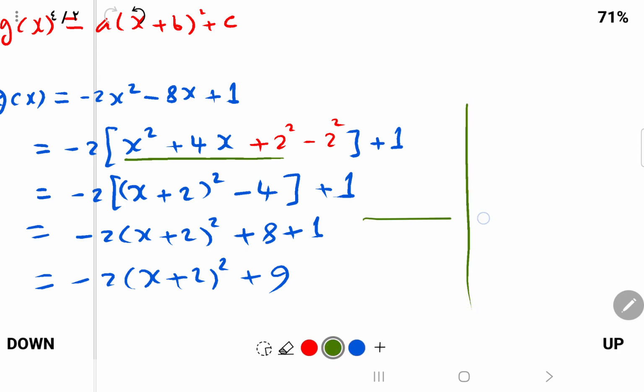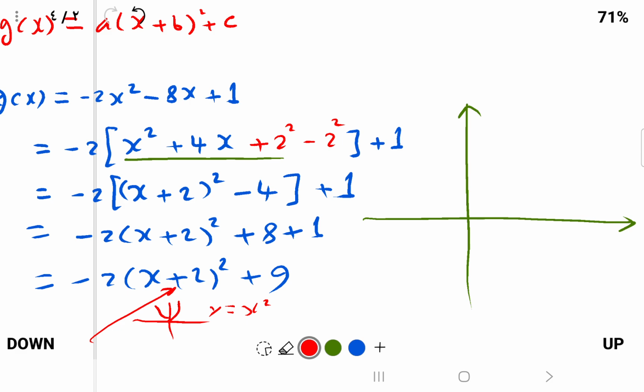Let's draw the x-axis and y-axis like this. The parent function or the basic function is the parabola y equals x squared. Now because of this plus 2 here, you take the parent function 2 units to the left. Then 9 units up because of this 9.